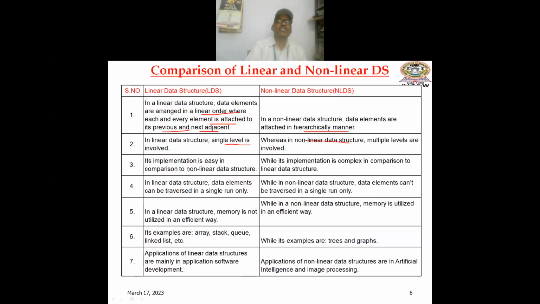Its implementation is easy in comparison with non-linear data structures, whereas the implementation of non-linear data structures is a little bit complex. The examples for linear data structures are linked lists, stacks, queues. Examples for non-linear data structures are trees and graphs.